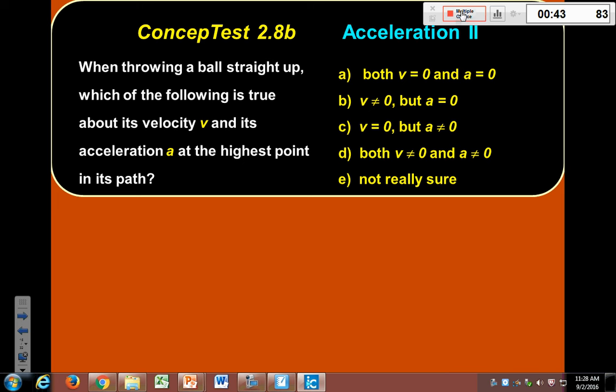You might not know this right off. We're going to cover it in the next section, but I think you can think about it to get the answer. I'm going to stop at 58.